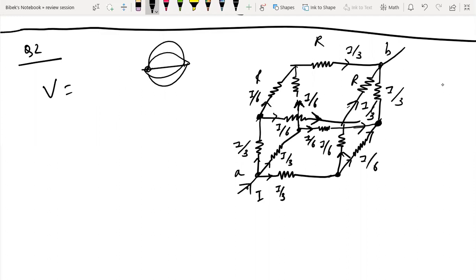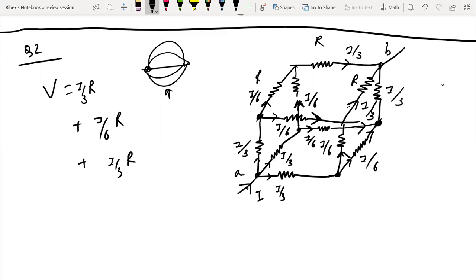So the potential drop across any of these paths will be I over 3 times R, plus I over 6 times R, plus I over 3 times R. If you take this way, it's also I over 3 times R, I over 6 times R, and I over 3 times R. So it's just parallel, right?